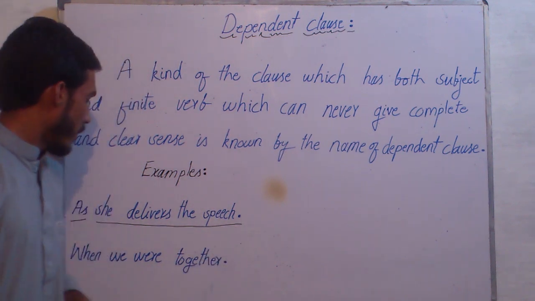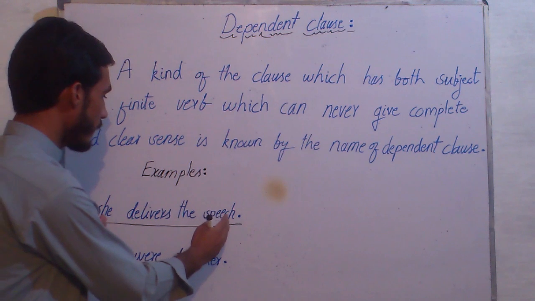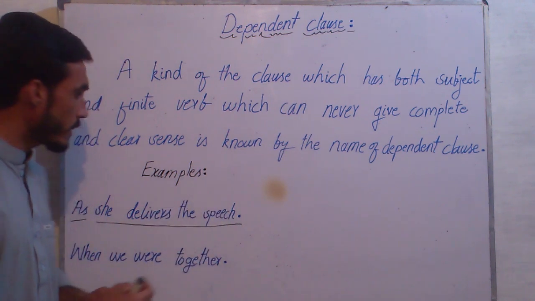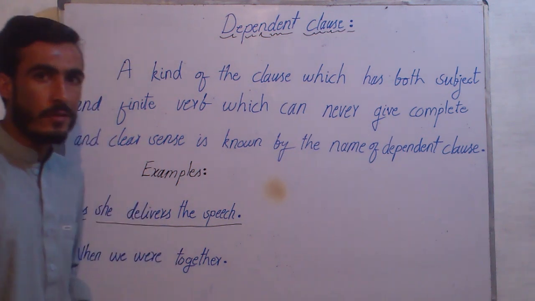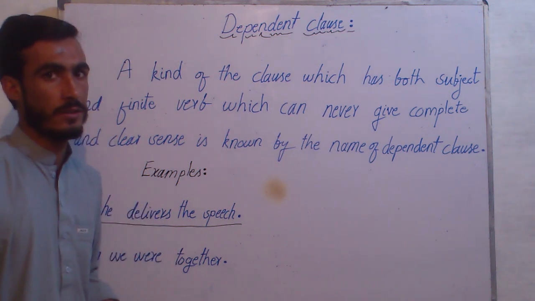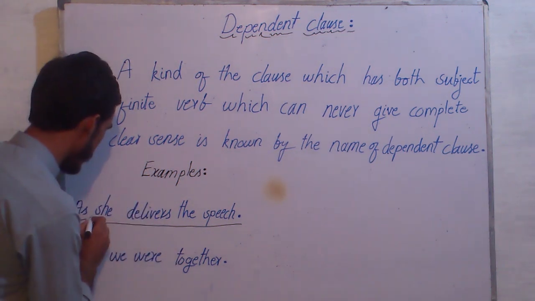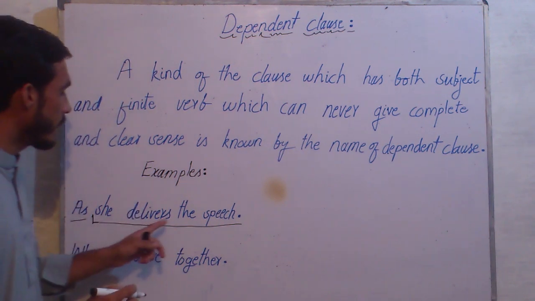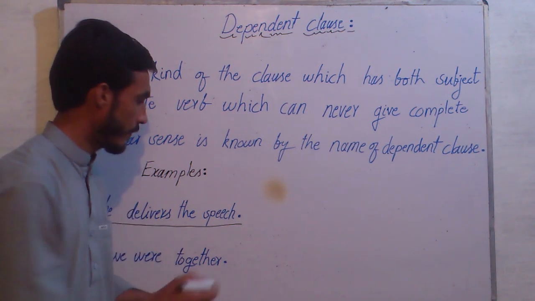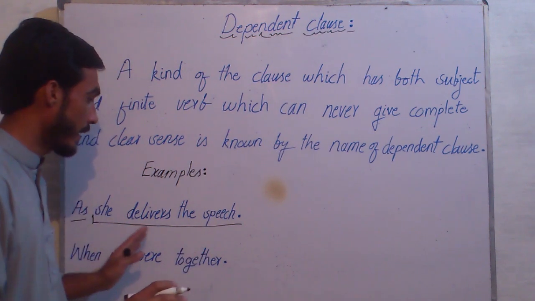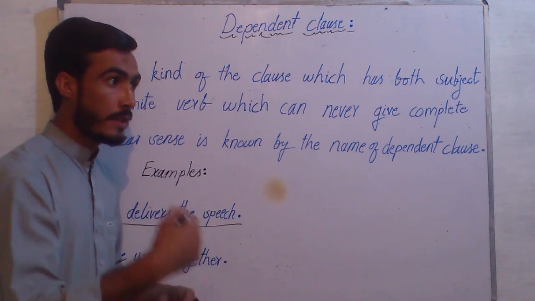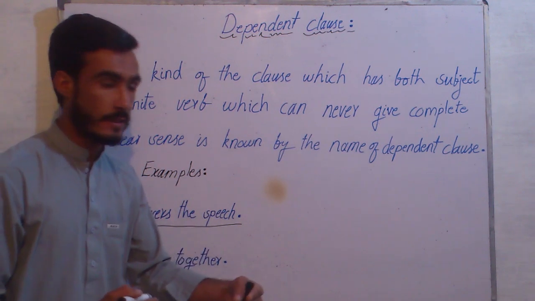Remember, here we are having a complete clause which we call the dependent clause. But actually in the English language we don't have dependent clauses. We have independent clauses. She delivers the speech. Full stop. Gives clear and complete meaning. Here it does not need anything else to deliver the complete sense.